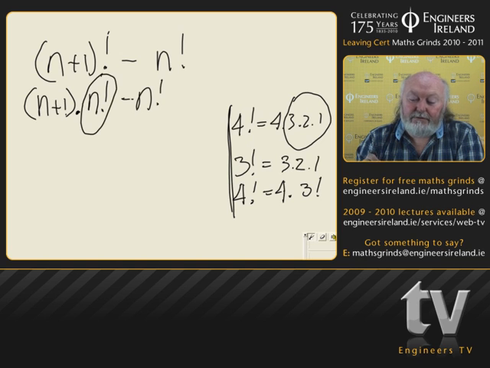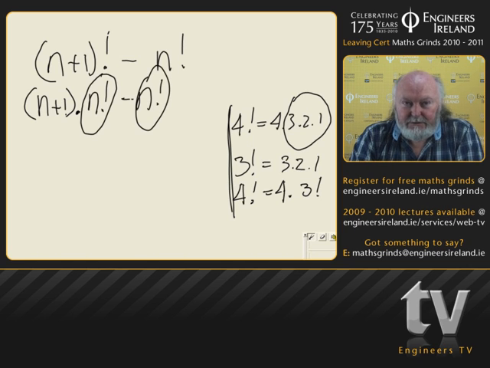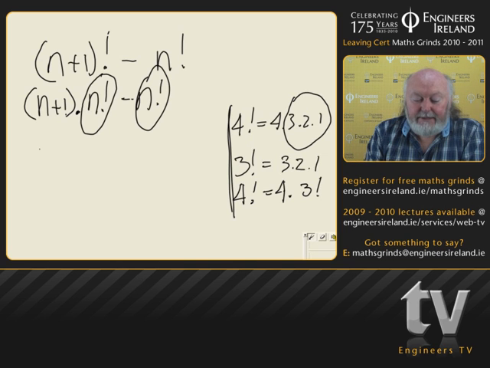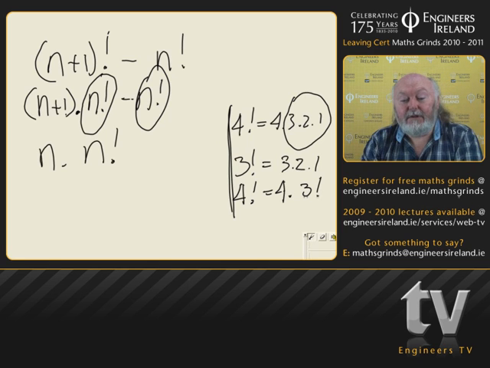You can call it Fred for all I care. n plus 1 Freds minus Fred. If there was n plus 1 Freds in a room and 1 left, how many would you have left? You will have n Freds left. So n plus 1 factorial minus n factorial is n multiplied into n factorial.